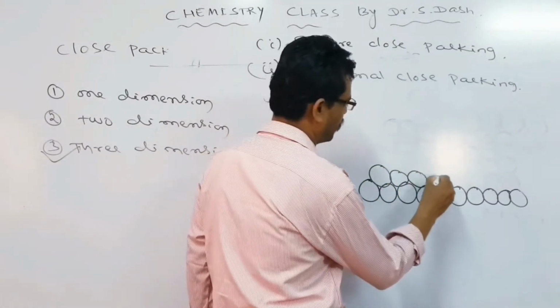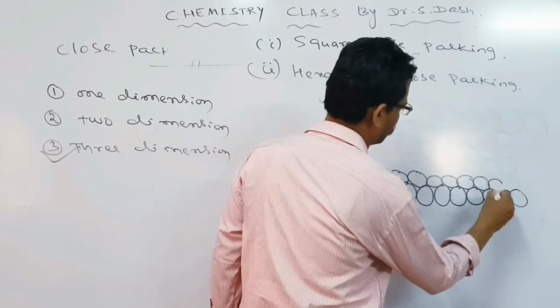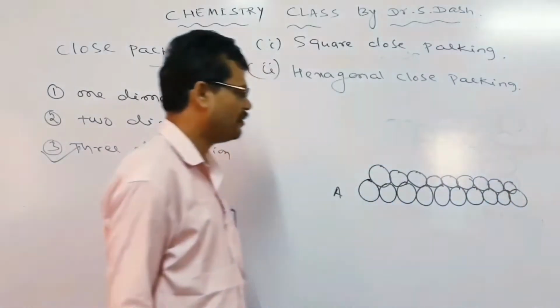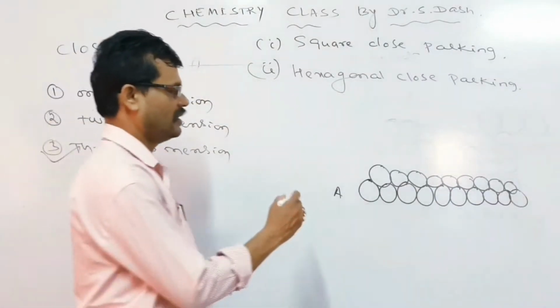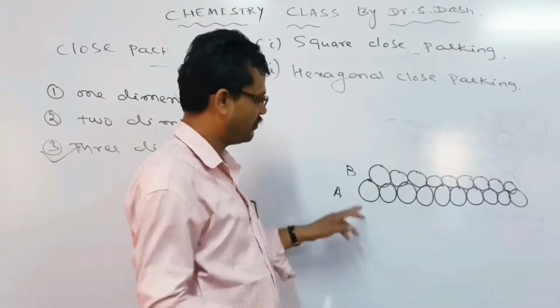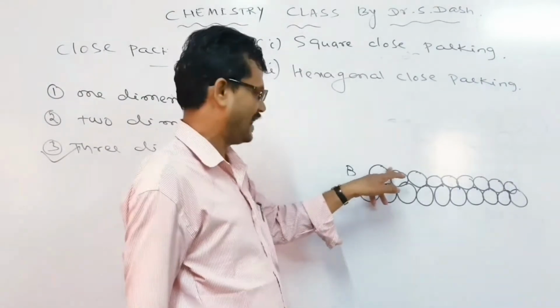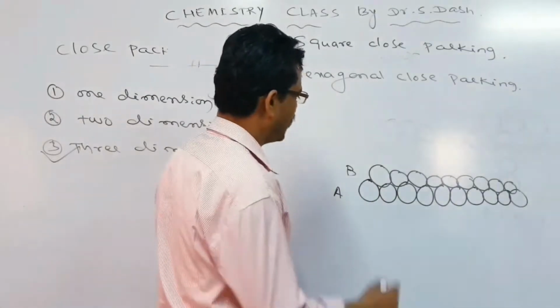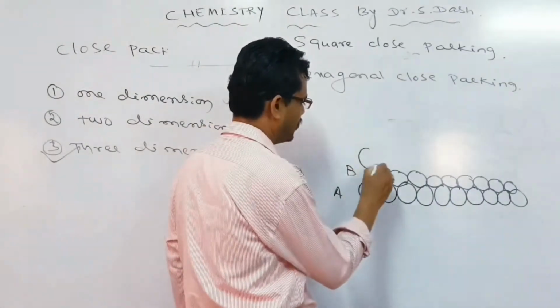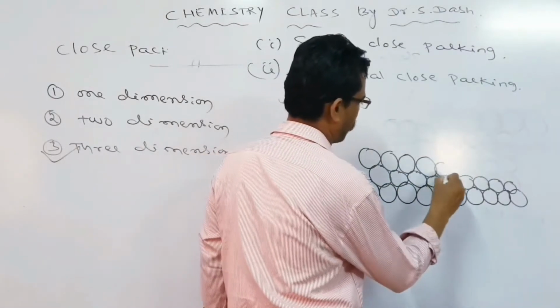All the depression places will be taken by the second layer. Whenever the third layer comes, it is again the spheres on the depressions of the second layer, so it will be just like the first layer, that is A.